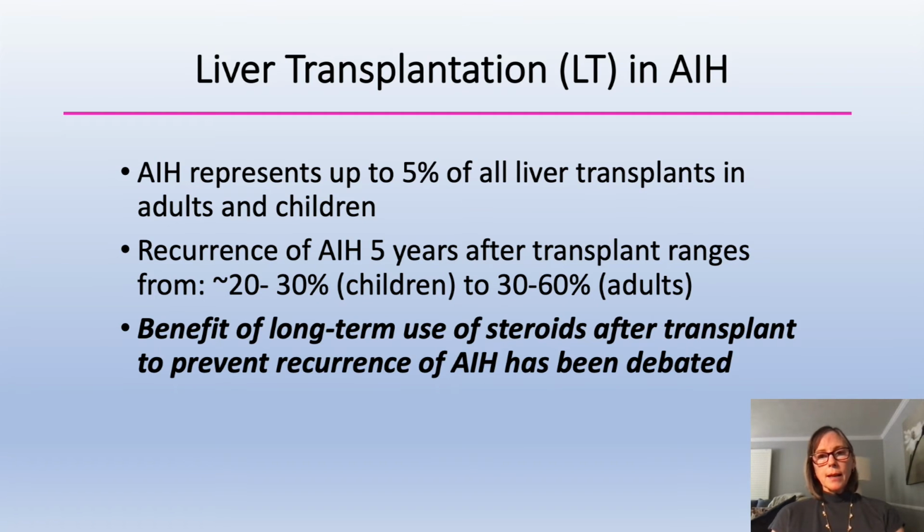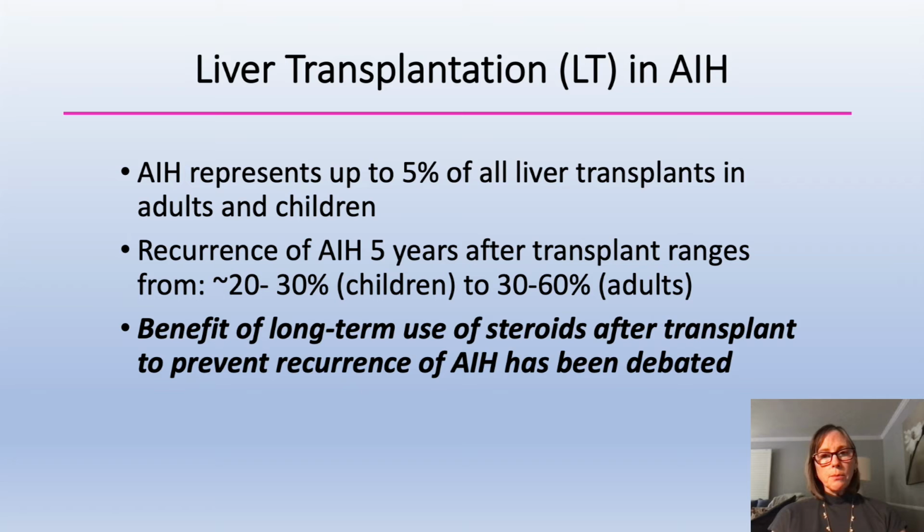Moving on to the final guidelines that pertain to liver transplantation in autoimmune hepatitis. We know in autoimmune hepatitis that it is the indication for up to 5% of all liver transplants in both adults and children. We also know that recurrence of autoimmune hepatitis in that transplanted liver, 5 years after transplant, the recurrence of disease ranges from approximately 20 to 30% in children and 30 to 60% in adults.